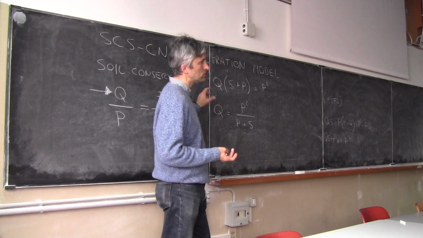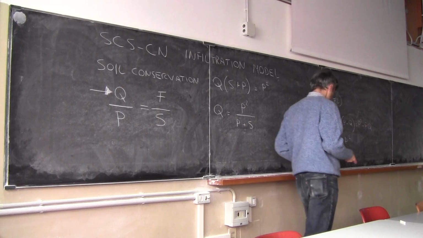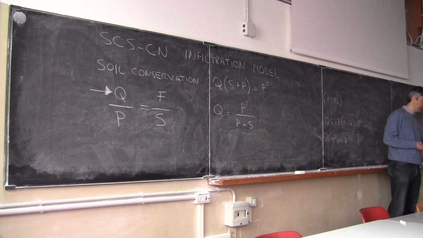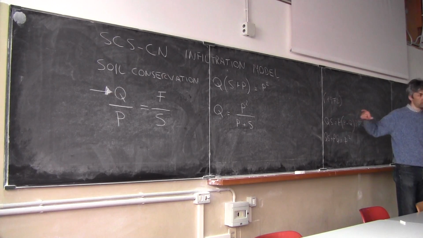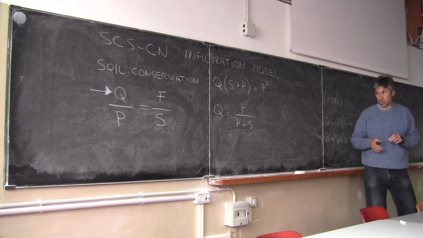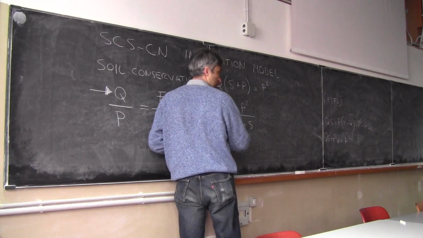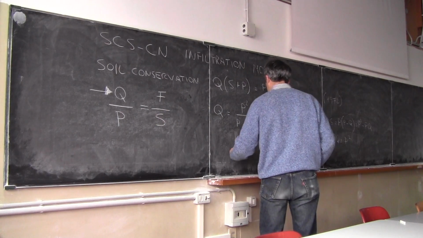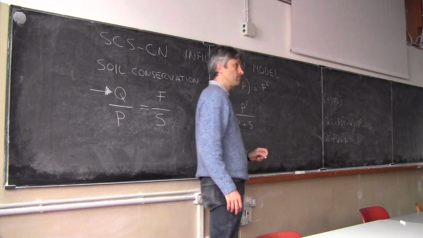We have to take into account interception here. Interception, for instance, is not taken into account explicitly by the other model. In this model, interception is explicitly taken into account, and the way in which it's taken into account is very simple. We substitute to rainfall, to P, the quantity P minus initial abstraction, IA.